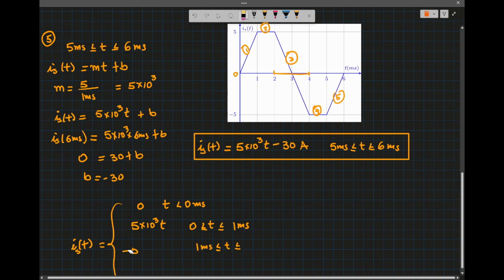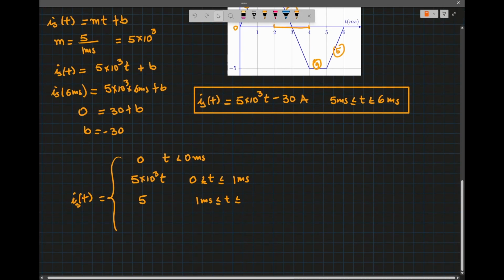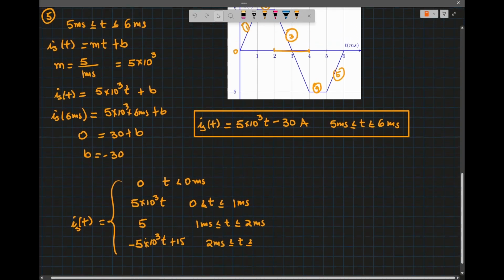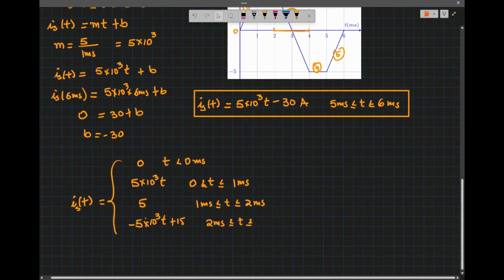No, so this one is from 1 to 2, that's 5 amps, and then -5 times 10 to the 3 t plus 15, that's what we found, is for 2 milliseconds less than or equal to t less than or equal to 4 milliseconds.